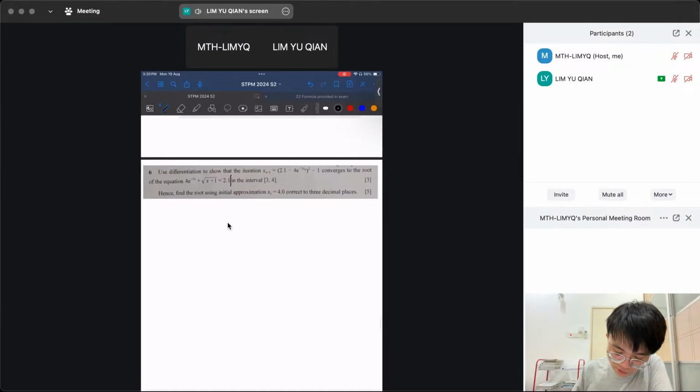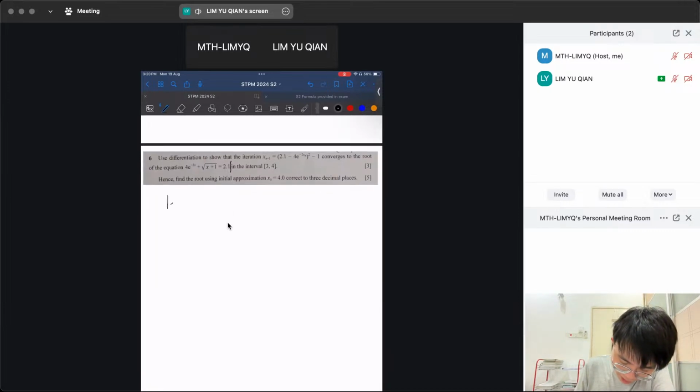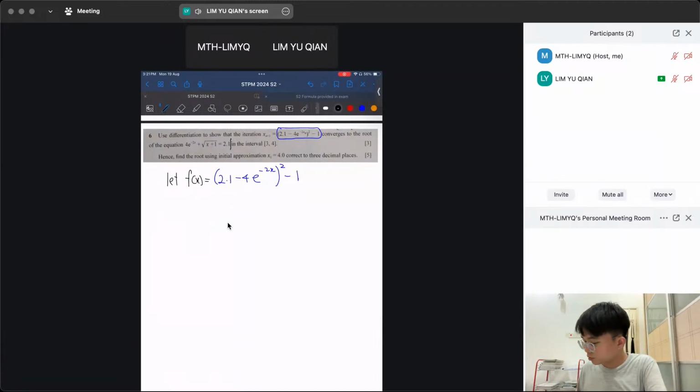Okay, so let's use differentiation to show. Let f(x) equal to this. So you need to show the differentiation. Modulus, substitute 4.0, is less than 1.